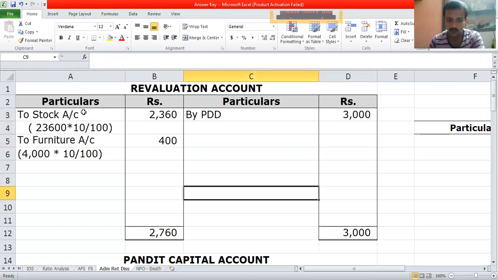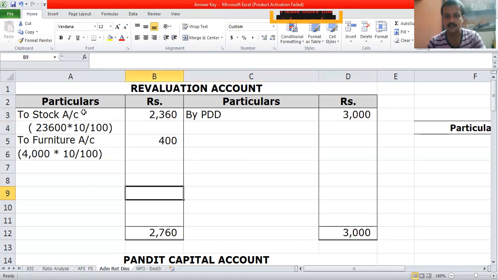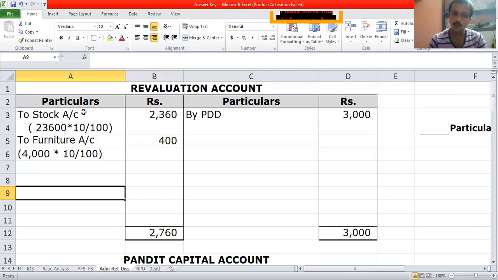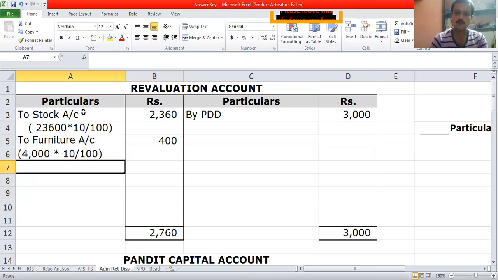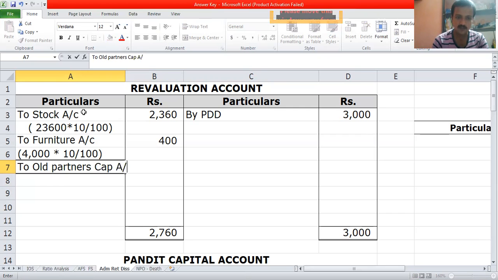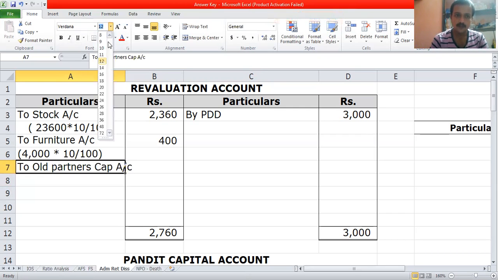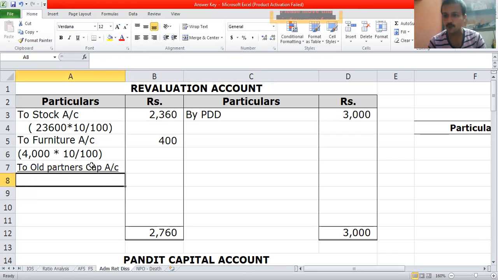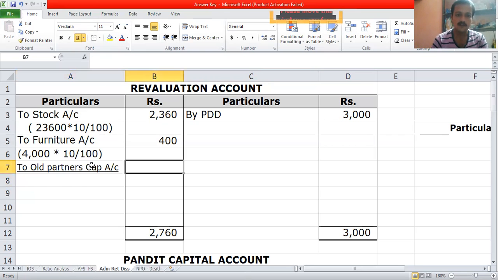When you look at the totals, the debit side is less and the credit side is more. As I said, the credit side is used to record the profits. So when the credit side is more, overall there will be a profit. So let me write that. These events happened before admission, so the profit or loss due to this should be shared only by the old partners.